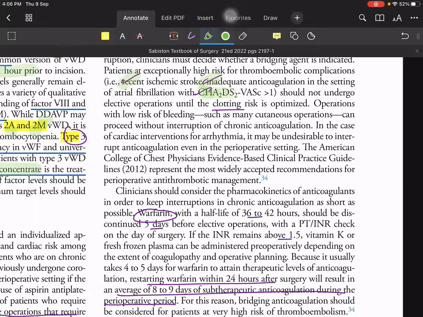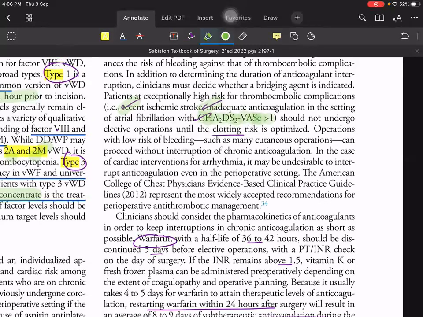We will see this score daily. Okay, what is this explanation? CHA2DS2-VASc greater than 1 should not undergo elective operation until anticoagulation is optimized. So these patients should not undergo surgery because they are at high risk for thromboembolic complications: recent ischemic stroke and inadequate anticoagulation in the setting of atrial fibrillation with CHA2DS2-VASc greater than 1.